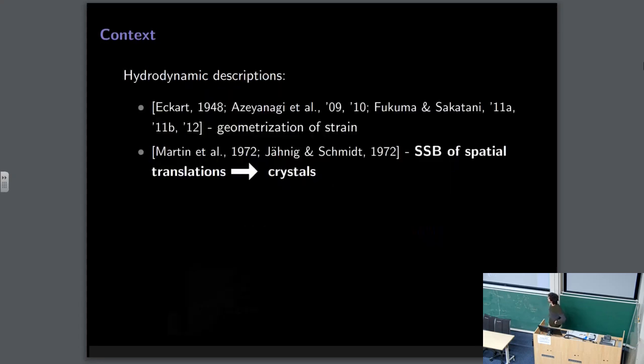However, in the last century there were some attempts to describe viscoelasticity from more fundamental principles, namely through the hydrodynamical lens. For example, Eckert in '48 worked with a geometrized notion of strain, and also in the 70s there was some work about the hydrodynamics of crystals, where an elastic behavior is incorporated through the spontaneous symmetry breaking of spatial translations.